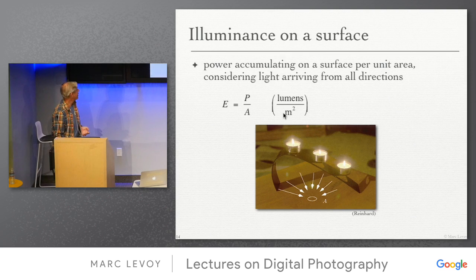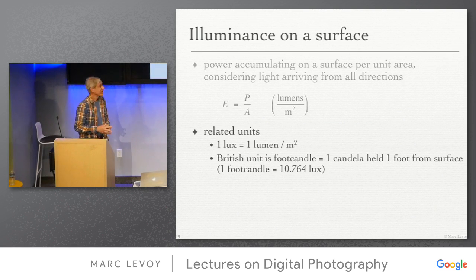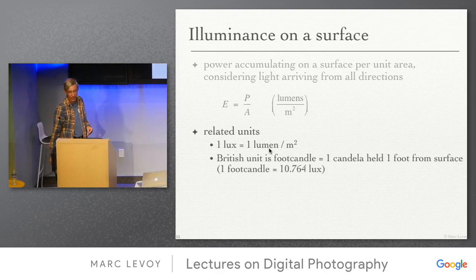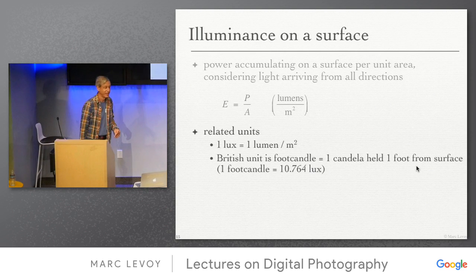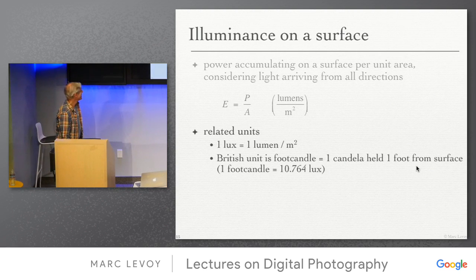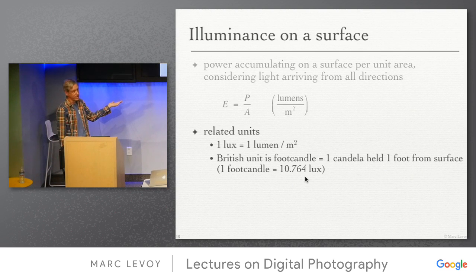The related unit is called lux. 1 lux is 1 lumen per meter squared. And of course the British have to have their own unit. They call it a foot candle, and it means a candela held 1 foot from a surface. British foot. So 1 foot candle is about 10 lux. And so architects will talk about things in terms of lux.